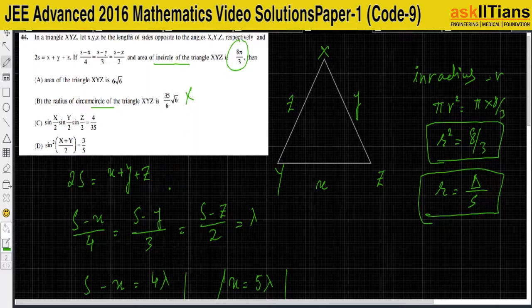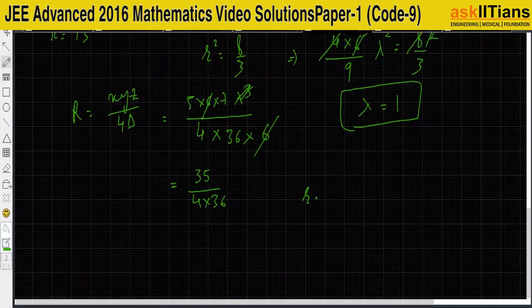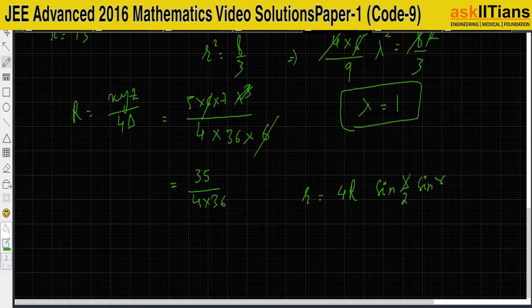So then sine of x by 2, sine of y by 2, and, acha, we also know this. We also know that small r is actually equal to 4R sine x by 2, sine y by 2, and sine z by 2. So the value of this quantity actually will be r by 4R. So we can find out from here.